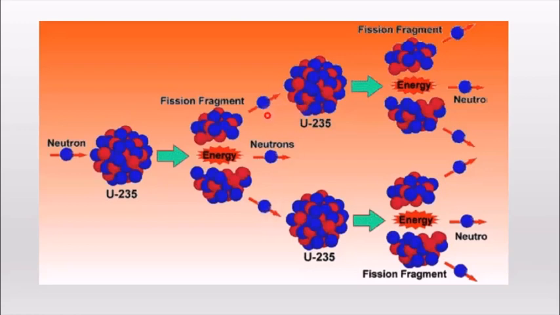Each of these then gets absorbed by some other uranium atom, it breaks, and again three are formed. This is a continuous reaction which takes place until the uranium atoms are completely used up. As it is continuous, it is called nuclear fission and also a chain reaction, because a chain of reactions is formed here.